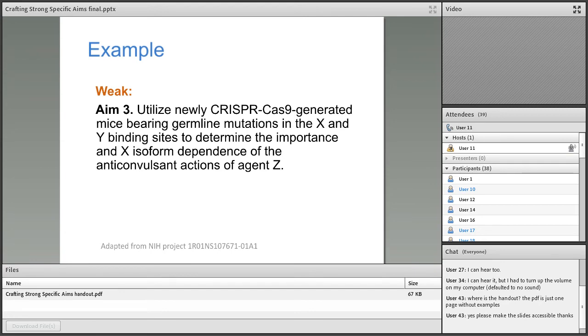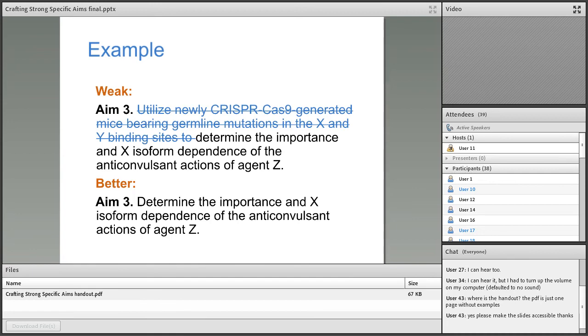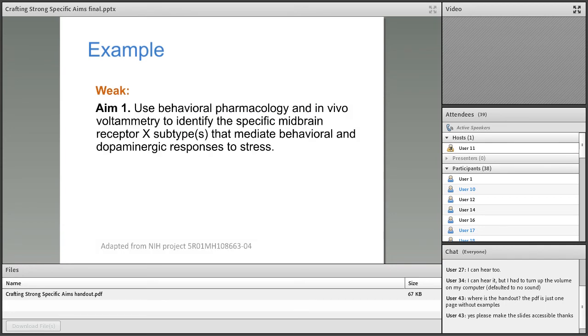The expected advance is stated to determine the importance and X isoform dependence of the anticonvulsant actions of agent Z, but that information is kind of buried. So I think it would be better to focus on the advance. Of course, the approach is important information to include in the grant proposal, but it can weaken the statement of the aim.